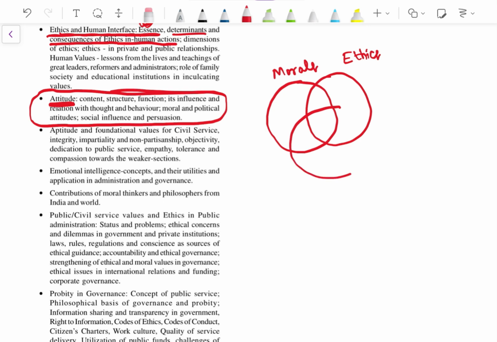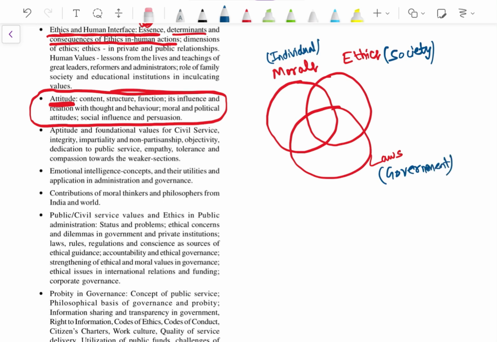And then there are laws. Morals are individual oriented, ethics is society oriented, and laws are made by the government or legislature, right? So morals represent individual conscience.